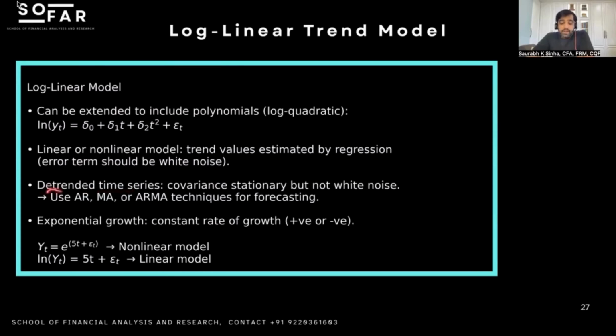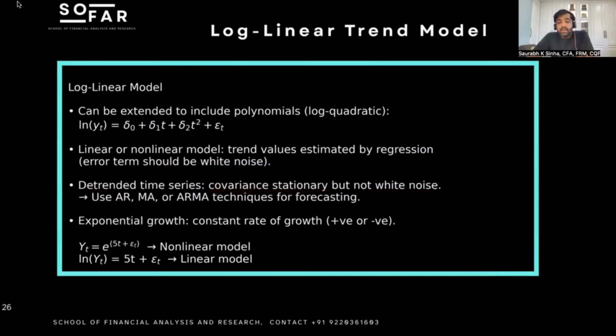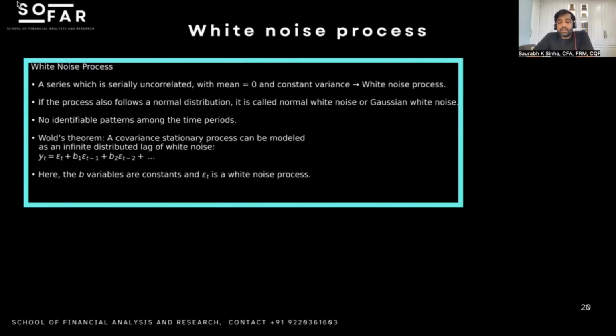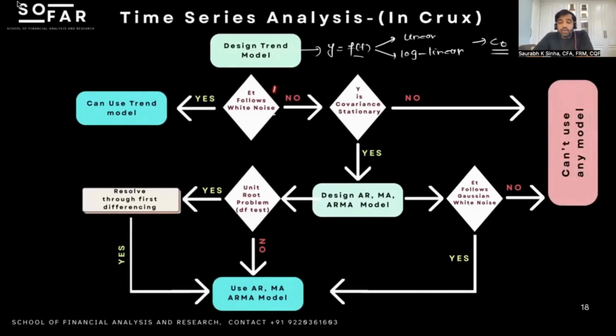What is the meaning of detrended? We already studied. If it is not white noise but covariance stationary, we call it detrended, which means that you cannot apply the trend model, which we already studied.